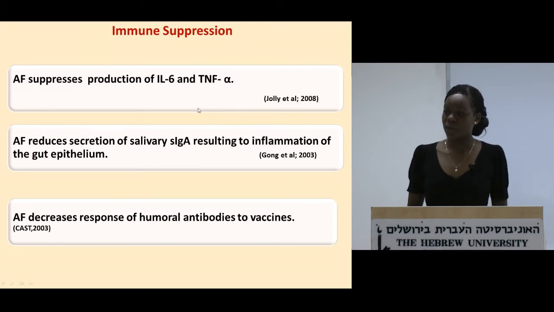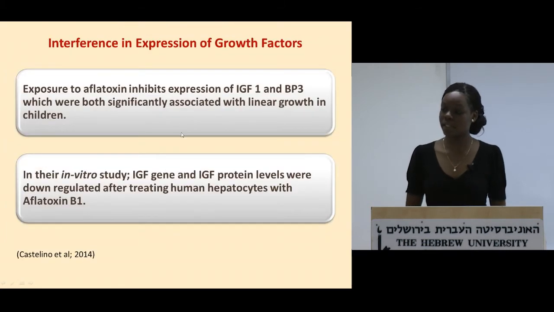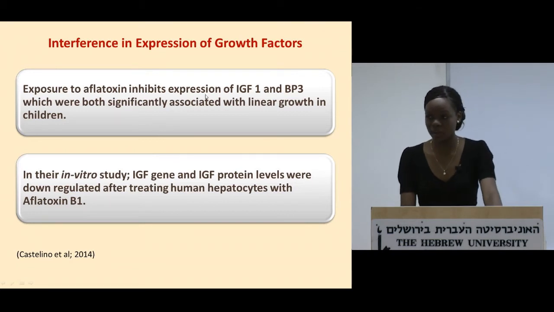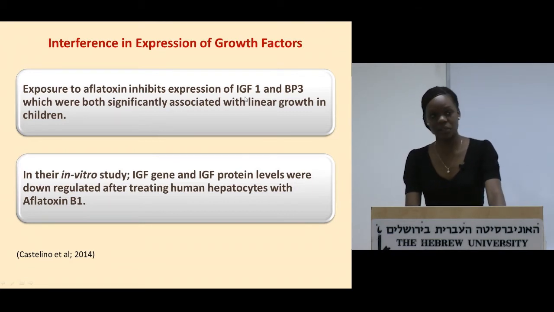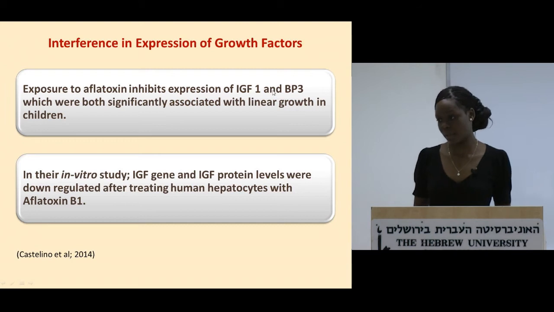Then, exposure to aflatoxin inhibits expression of insulin-like growth factor 1 and insulin-like growth factor binding protein 3, which are both significantly associated with linear growth in children. I've told you before about the insulin-like growth factors and bone mass development.